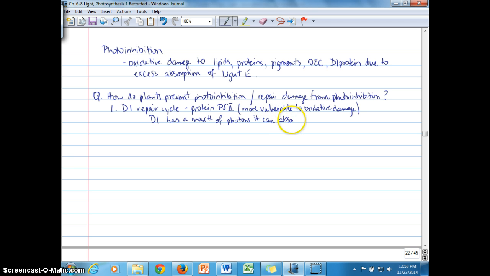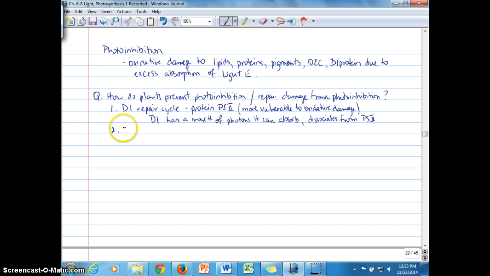And when it reaches that maximum, or close to that maximum, it dissociates from the reaction center of photosystem 2. Once it dissociates, a new D1 protein associates with the reaction center of photosystem 2 and replaces the old one. So this prevents oxidative damage on a regular basis.